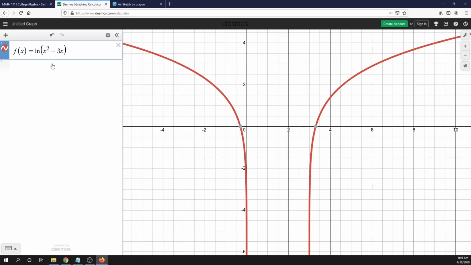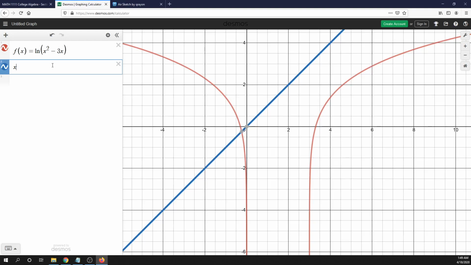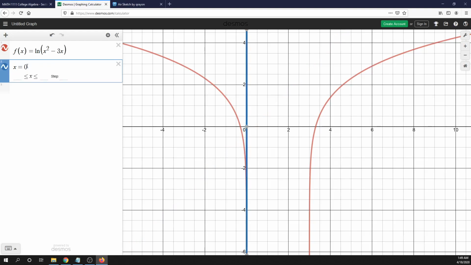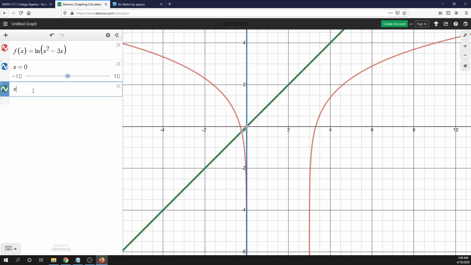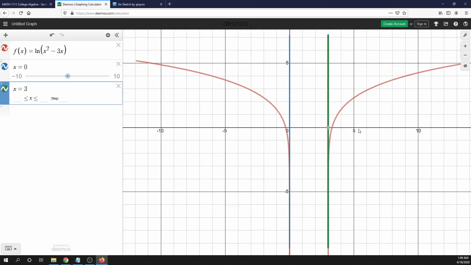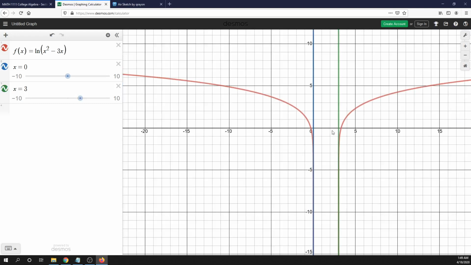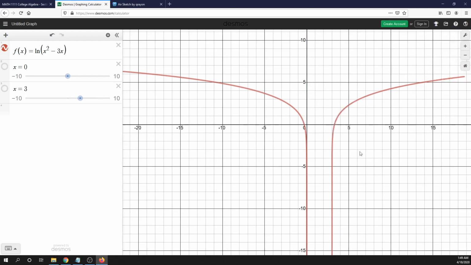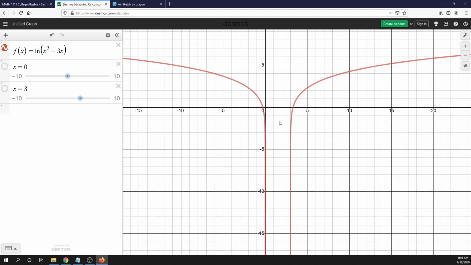And here you can see we had the piece to the left of 0, that's this piece over here, and we had the piece to the right of 3, that's this piece of the graph over here. There is no graph in between these two pieces. There's nothing in here, and the only reason we know that is because that's what the math says. When we calculate the domain, we get no solutions in here. That means that there is no graph here.